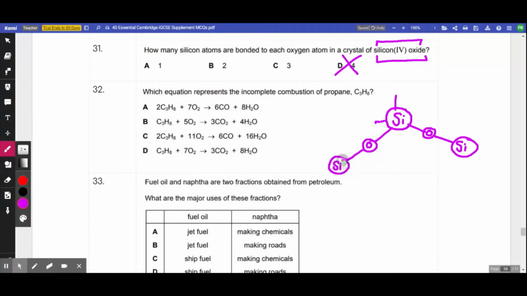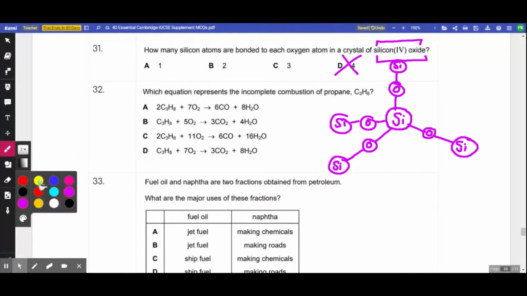There we go. So you can imagine that each of the silicons is in contact with 4 over here.